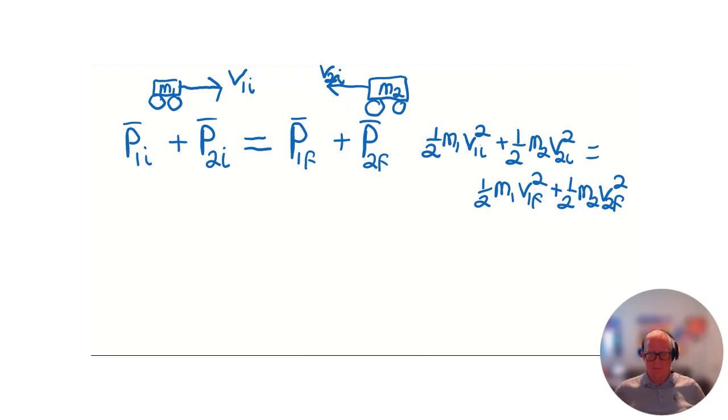Now to make this a little bit simpler to write, I'm going to multiply both sides of the right-hand equation by 2. That'll get rid of all the factors of 1/2. And so we can write our equation a little bit simpler: m1 v1 initial squared plus m2 v2 initial squared equals m1 v1 final squared plus m2 v2 final squared.